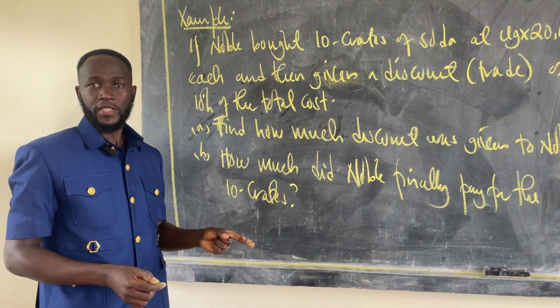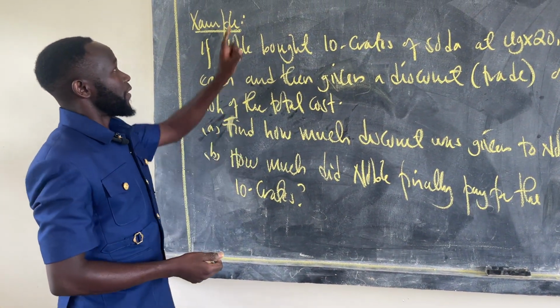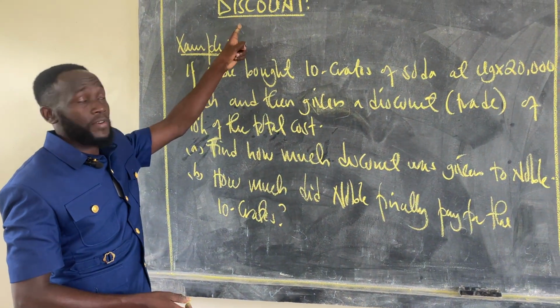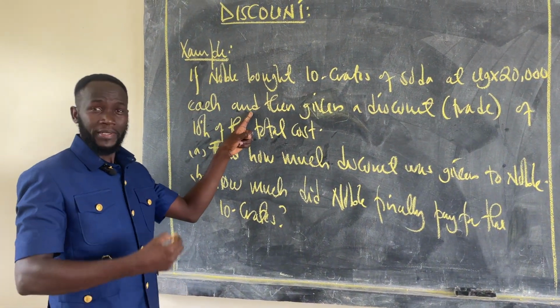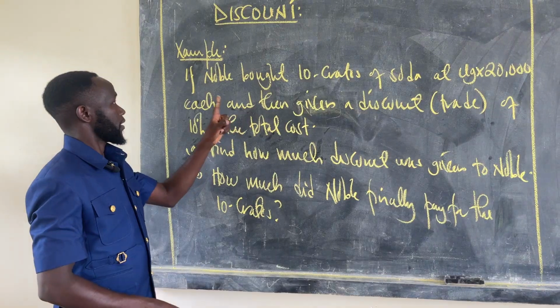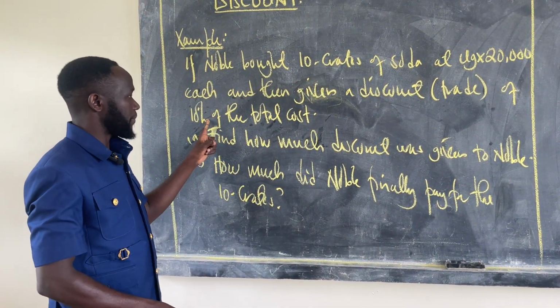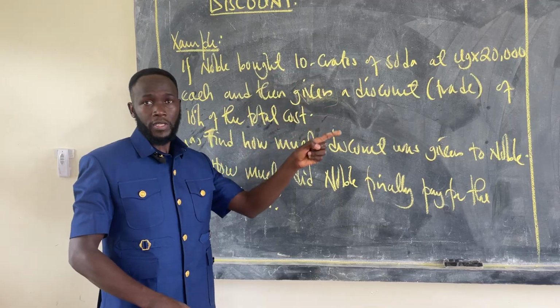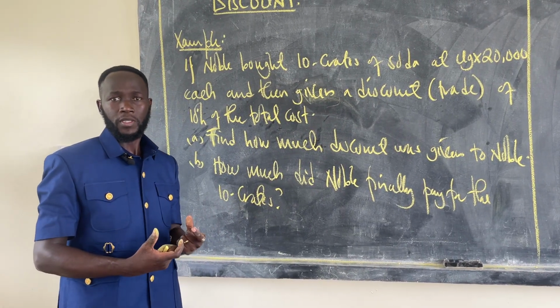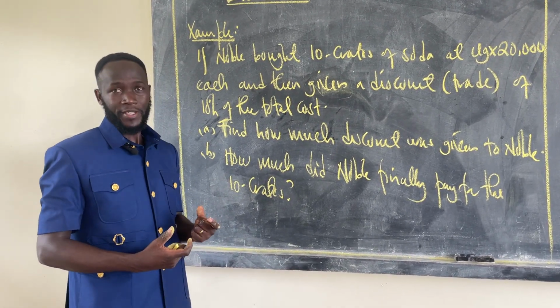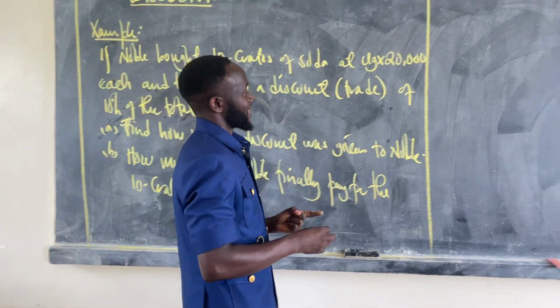Someone poses a question of this nature to you, referring to a discount. We will say this is a reduction, emphasizing that if Noble was given a trade discount of 10% of the total cost of all of this, how much discount did Noble receive? Come with me and see this.